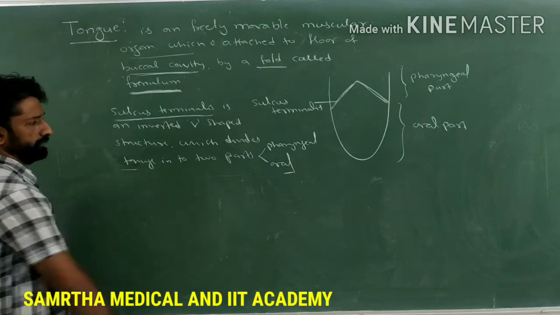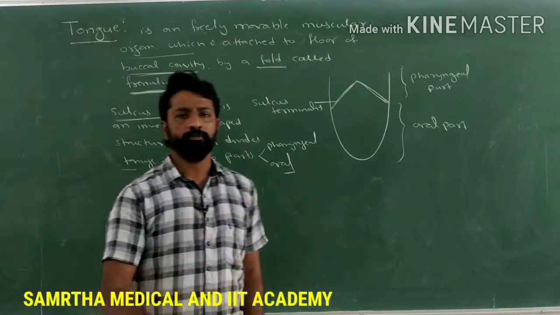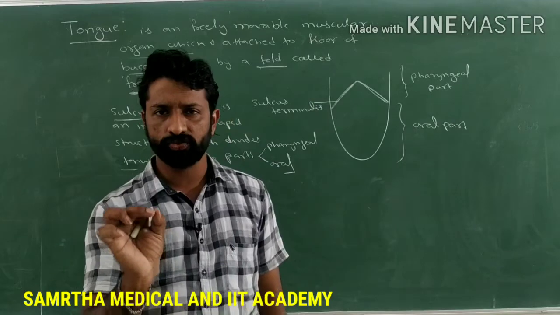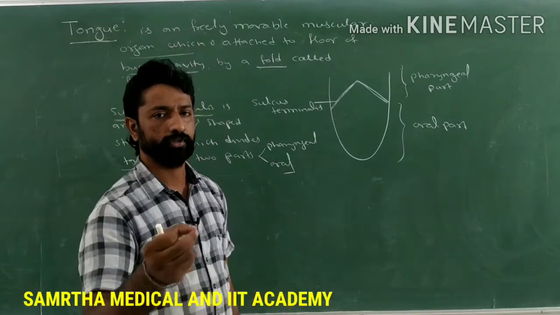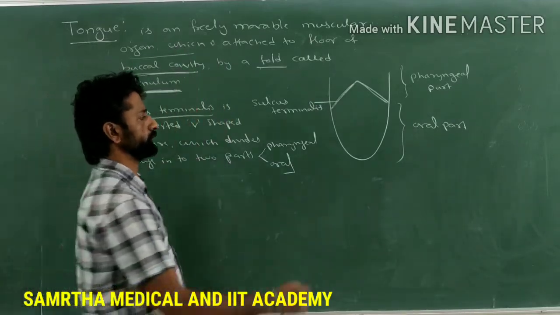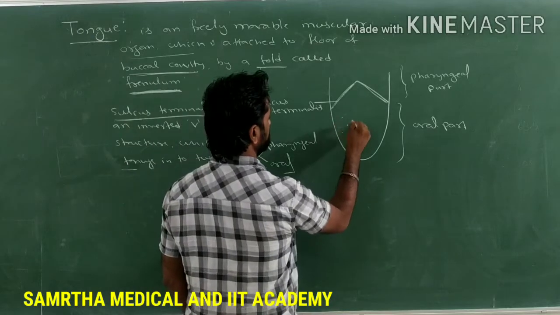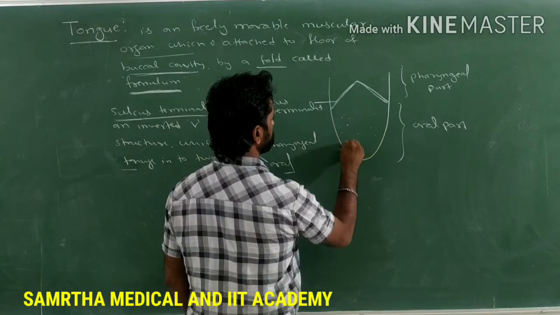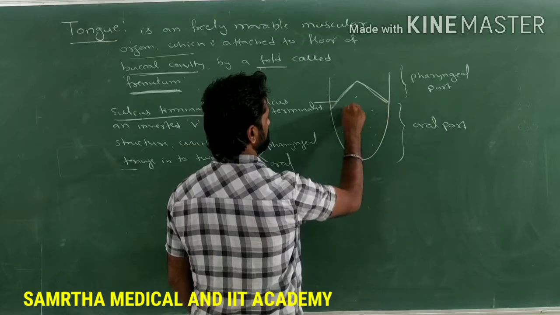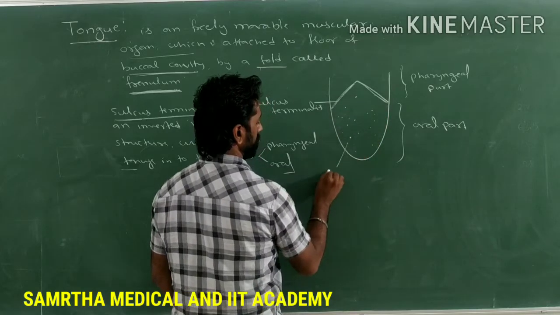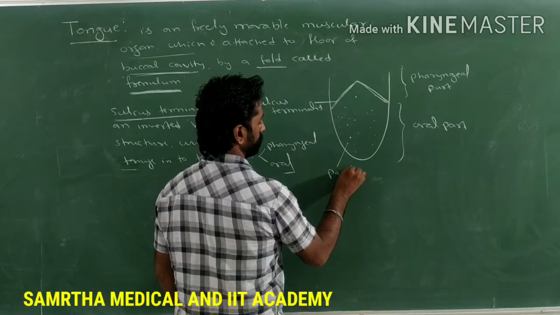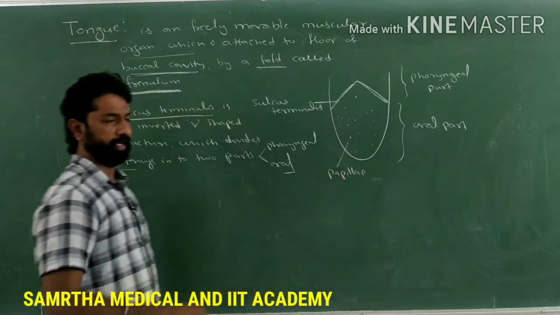Next, when you observe the surface of the tongue, you can also see the presence of projections. These are minute projections present over the surface of the tongue, and they are called papillae. So what do you mean by papillae?